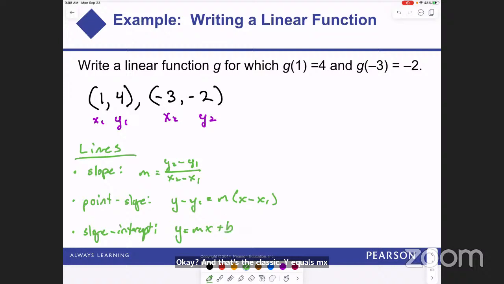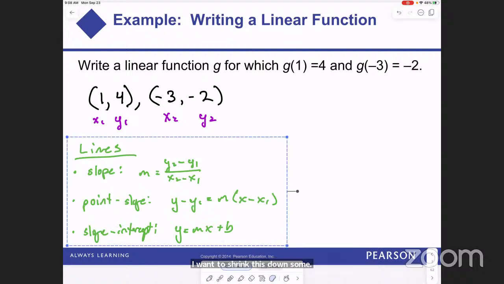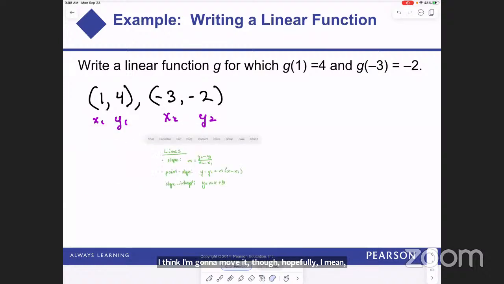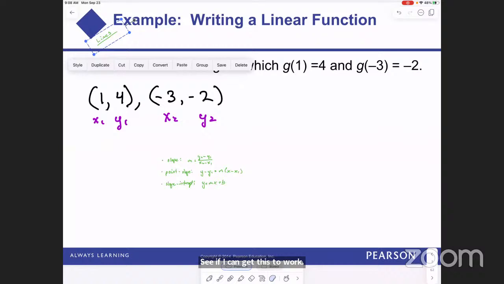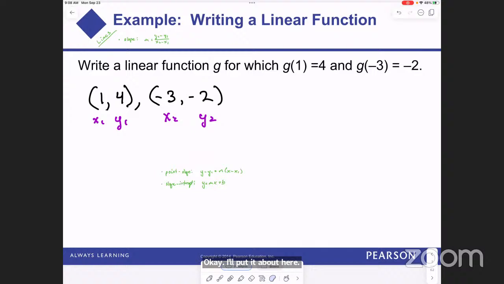I want to shrink this down some. I think I'm going to move it though. Hopefully, I mean, it's really more so for a reference. So I'm going to see if I can get this to work. Okay, I'll put it about here. And then we got our slope formula. Okay, point slope.